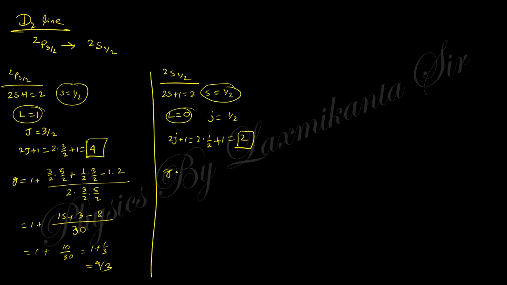Now what is the value of g? g is 1 plus j into j plus 1, j is half into 3 by 2, plus s into s plus 1 minus l into l plus 1, this is 0, over 2 into j into j plus 1. j is half into 3 by 2. So you can see this is the same thing, so the value of g equals 2.